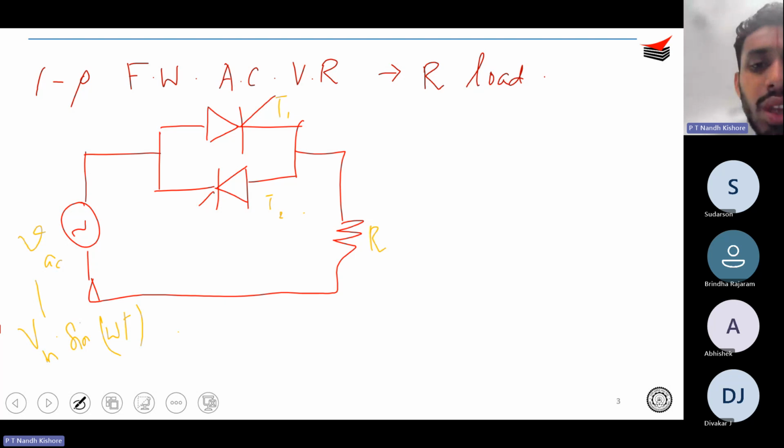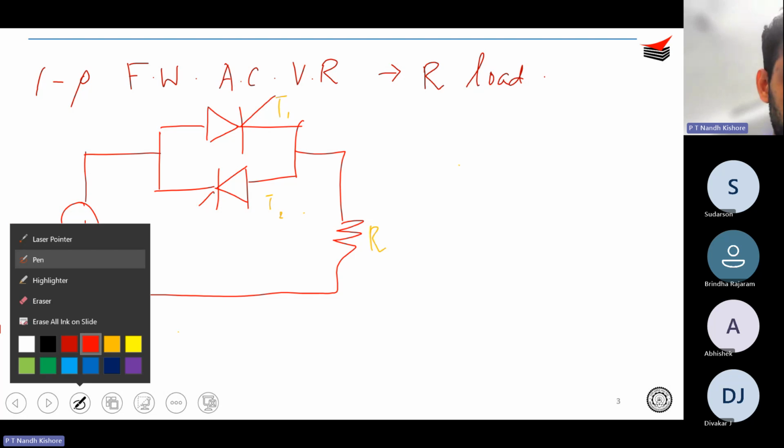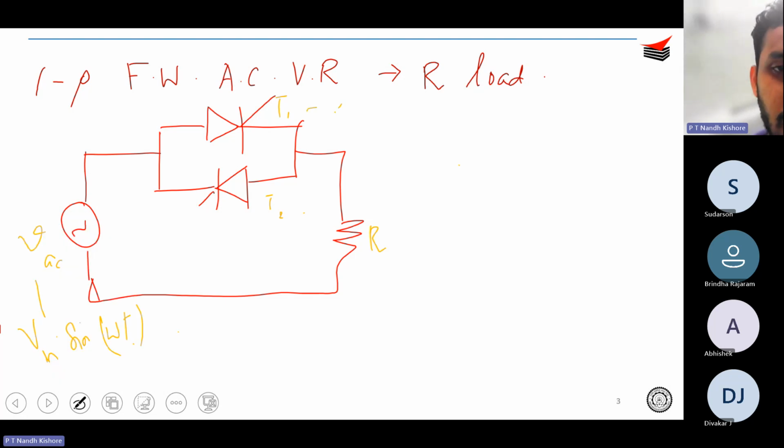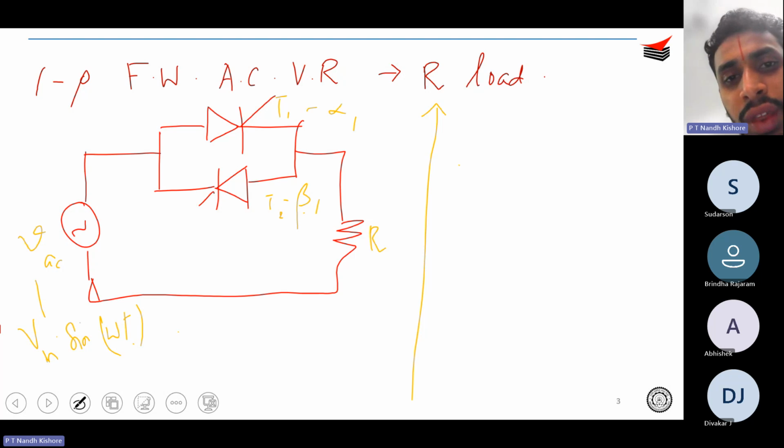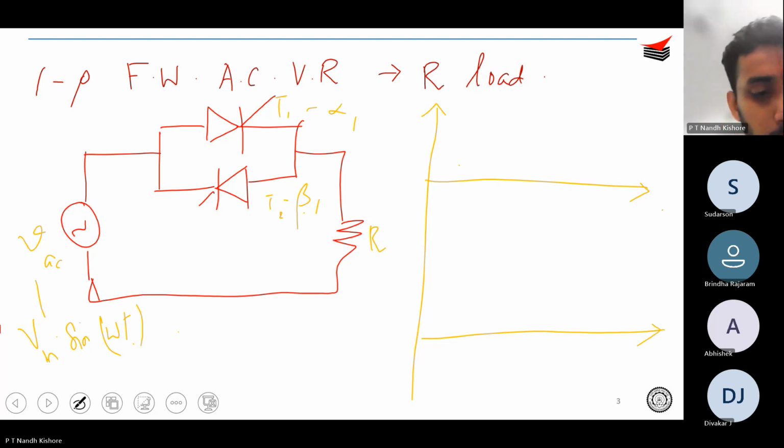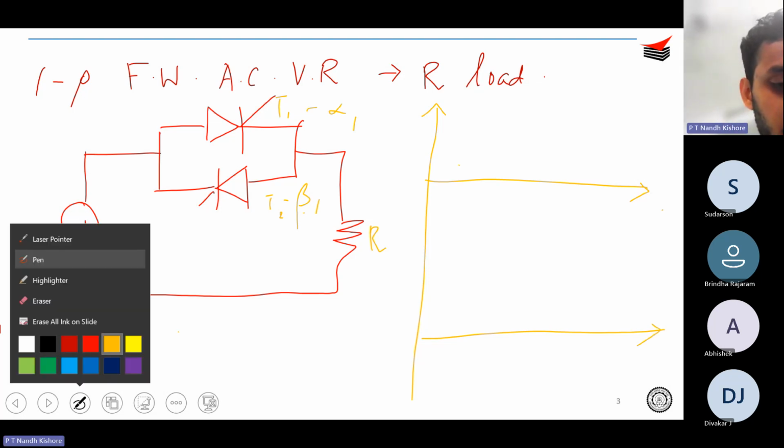So the idea is that let's say T1 has a triggering angle of alpha 1, and let's say this is some beta 1. Then what will be the output voltage? Or let's say for now, for simplicity, we can assume alpha and beta to be the same. Then in that case, what happens is something like this.